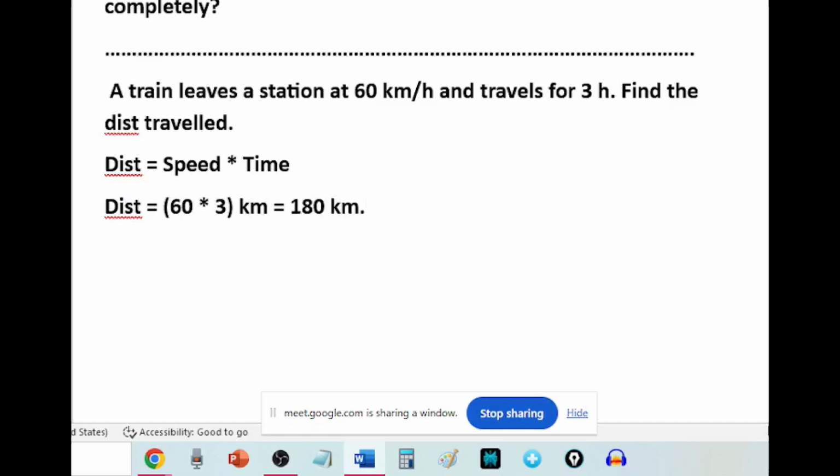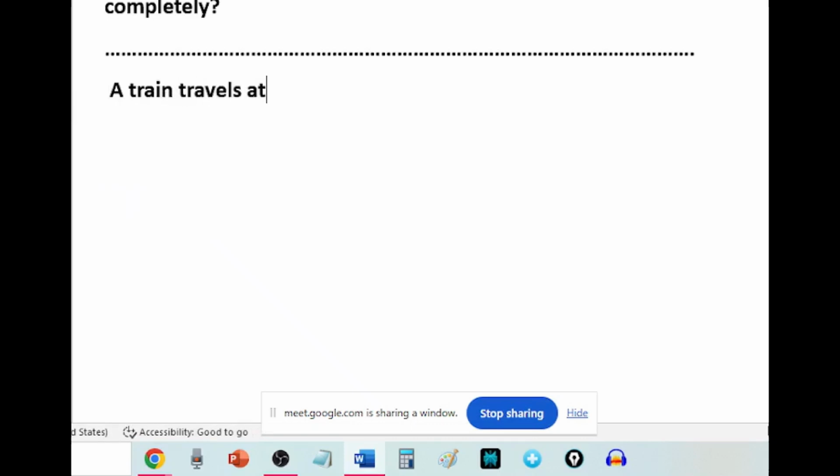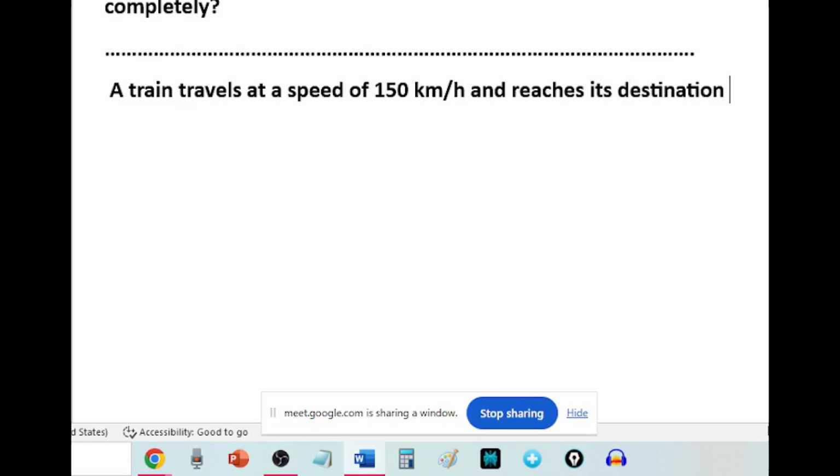A train travels at a speed of 150 kilometers per hour and reaches its destination, final point, in 2.5 hours.